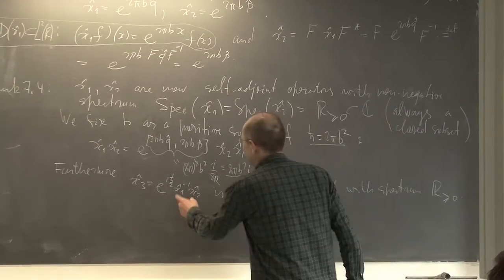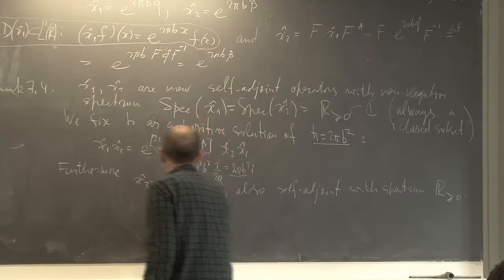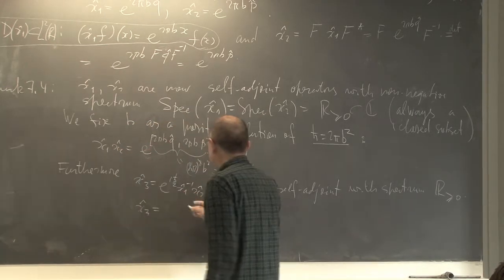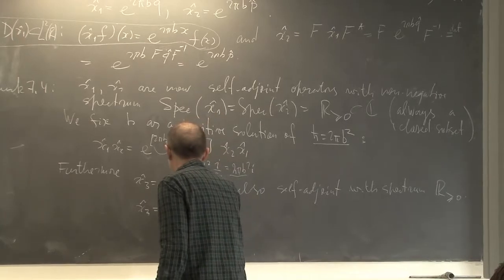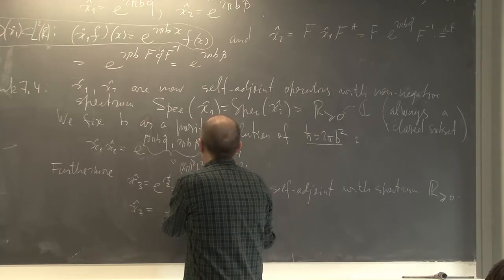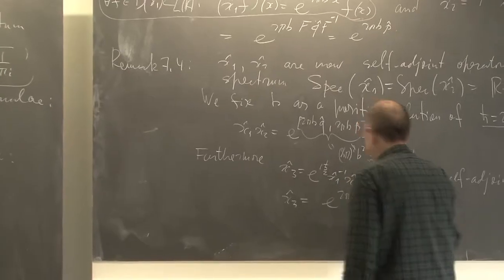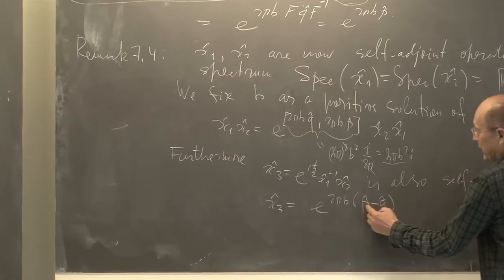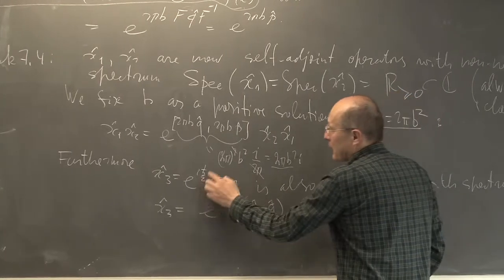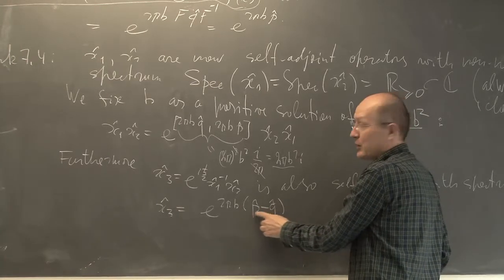So nevertheless, if you write it explicitly using Baker-Campbell-Hausdorff for the exponentials, x3 becomes e to 2 pi b, x2 is e to 2 pi b (p hat minus q hat). Right? Because putting p and q simultaneously in one exponential removes this complex contribution because of the non-commutative nature of p and q.